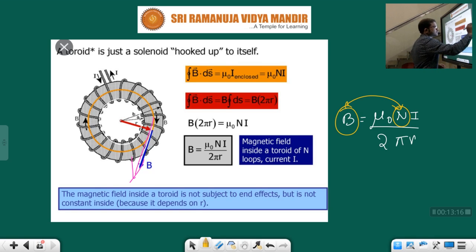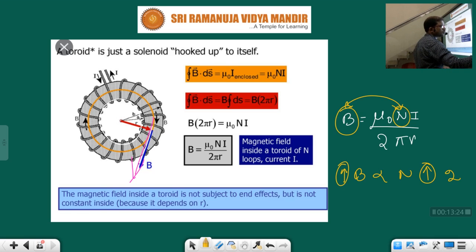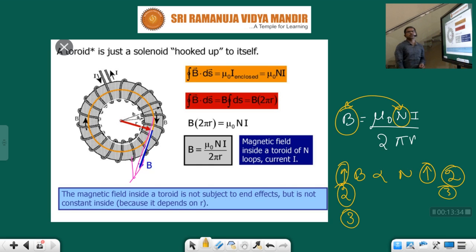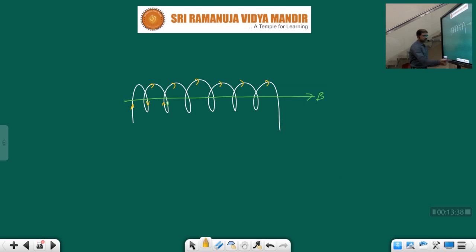See children, number of turns and magnetic flux are proportional: B is proportional to N. If the number of turns increases 2 times, magnetic flux also increases 2 times. If the number of turns increases by 3 times, magnetic flux also increases by 3 times.